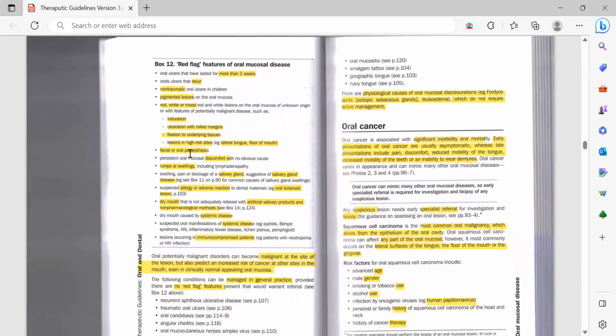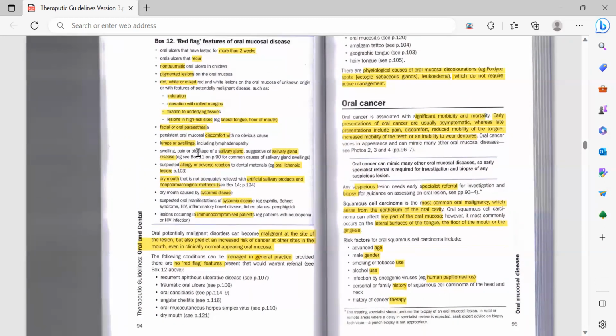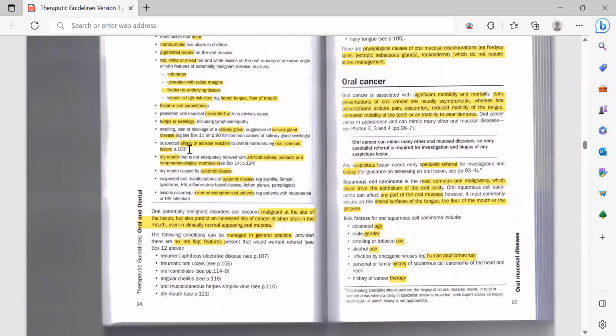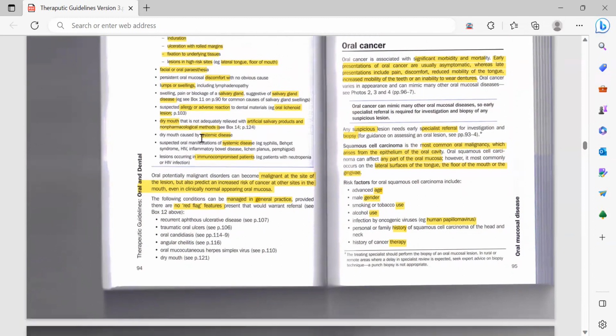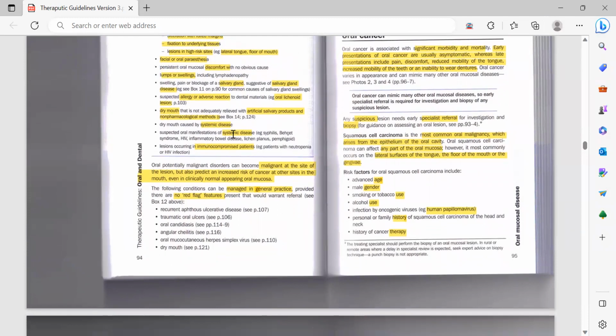And the other things are paresthesia, then persistent discomfort, lumps or any swelling, or salivary gland swellings, then any allergy or adverse reaction, mainly oral lichenoid lesions, then dry mouth. There are two points for the dry mouth. The first point is dry mouth that is not getting treated even by doing any other strategy, or dry mouth that is caused by systemic disease.